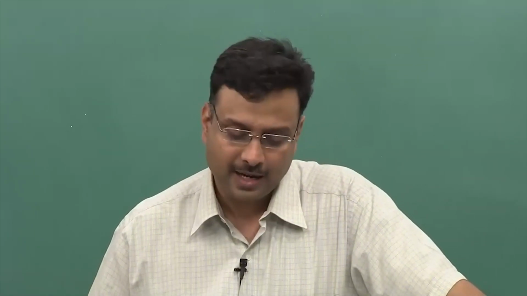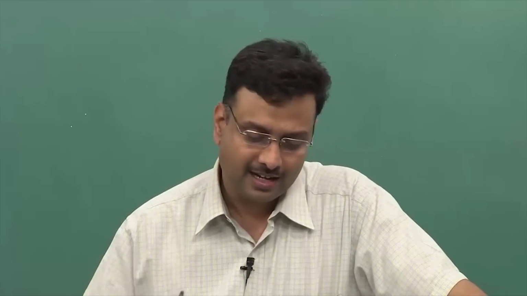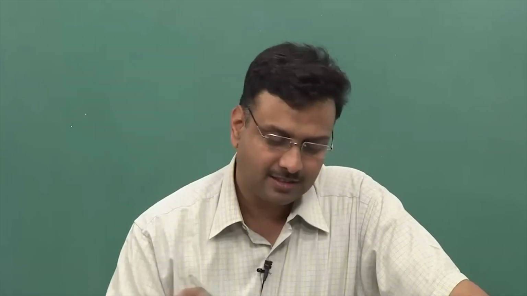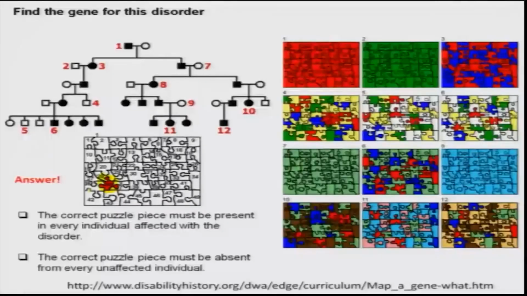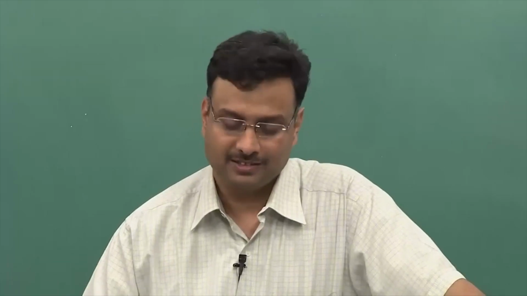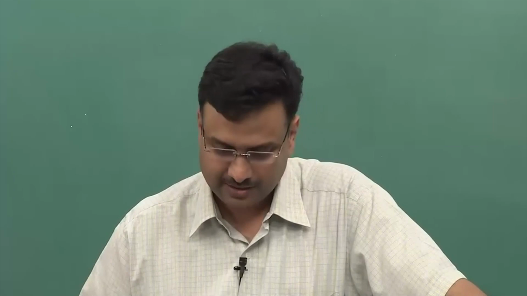If you go through this link and spend time, you will be able to identify that piece number 36 and color red should be the one that is causing the disease, right, because this is absent in every individual that does not have the disease and invariably present in individuals that have the disease, this particular piece and red color. You can go and verify by looking into this site. That's indeed the approach that we use to identify the disease gene.